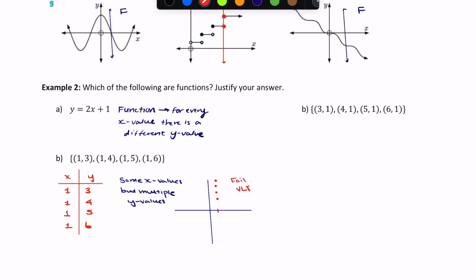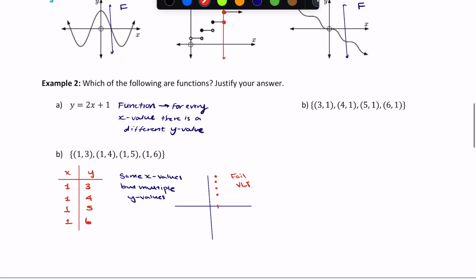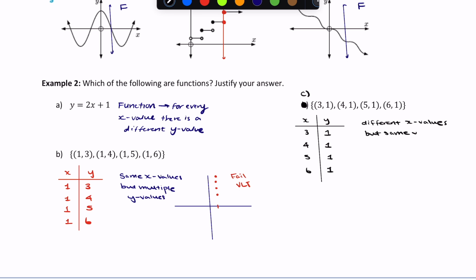And so here, last one, this should be C. So if we put in a table of values again, so we have 3 and 1, 4 and 1, 5 and 1, and 6 and 1. And so here, there's different x values, but same y values.